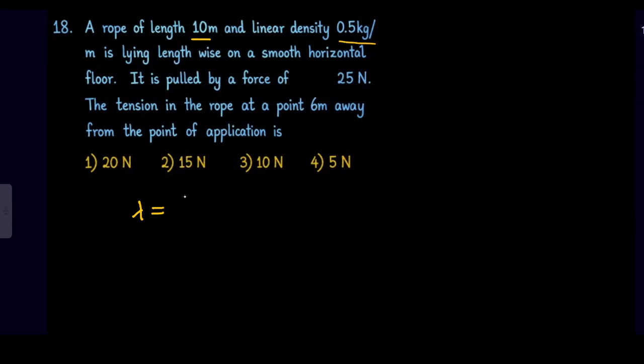That means what, tell me now? Linear mass density means what? Mass by length is called a linear mass density. And which they given us, what tell me now? 0.5 kg by meter. The linear mass density is given like this.